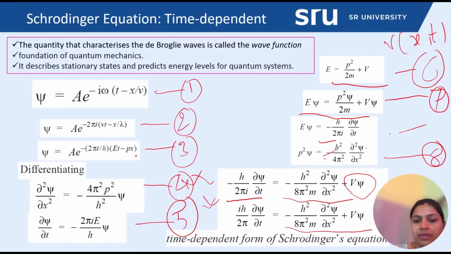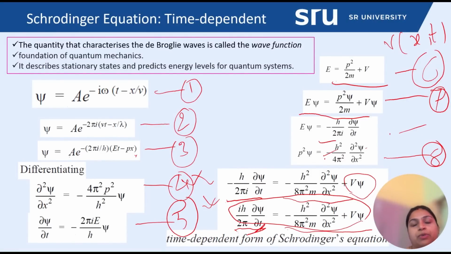So this equation 10 is called the time dependent form of the Schrödinger equation. Why time dependent? Because here we can see that the wave function depends on time.